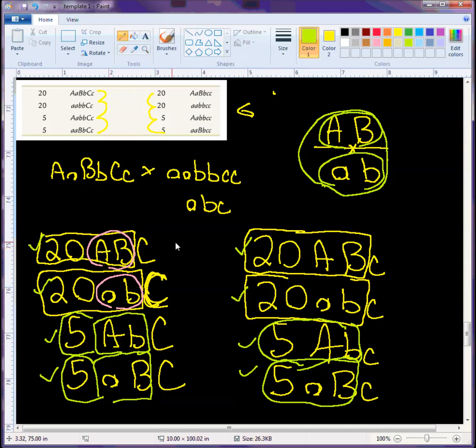So we have 40 with big A and big B together, and 40 with little a and little b together. 20 must have resulted from recombination between those. So the distance between A and B is going to be 20%, or 20 centimorgans. So 20 centimorgans between A and B, which are linked on a chromosome.